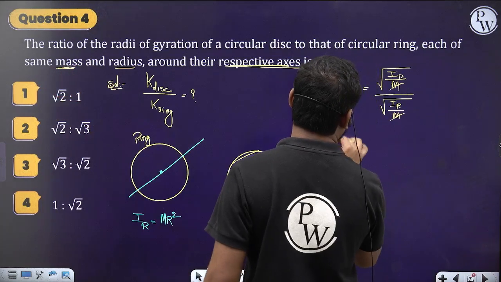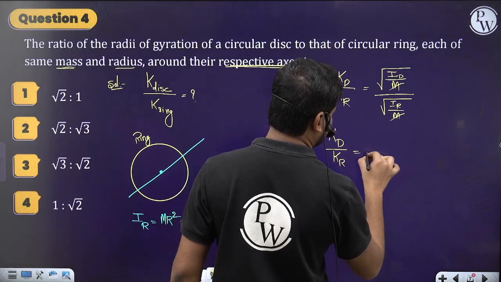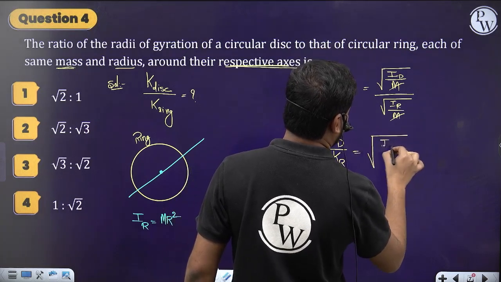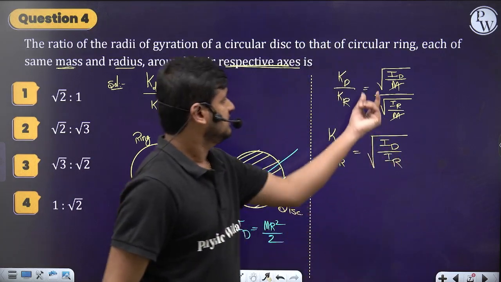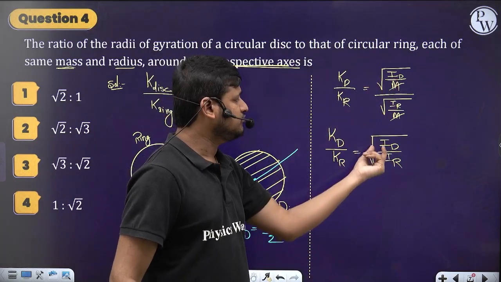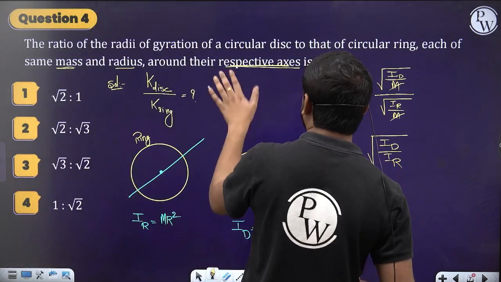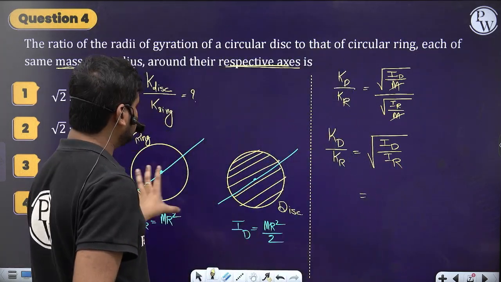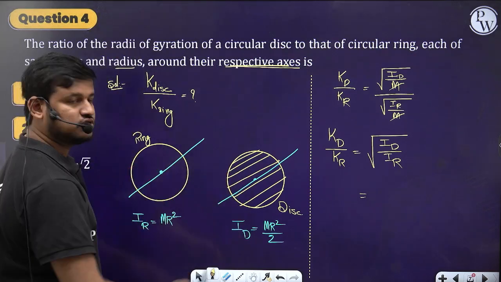Therefore the radii of gyration ratio, disc to that of the ring, will be equal to square root of I_D by I_R, the moment of inertia of the disc by the moment of inertia of the ring. About its respective axis, for both I took the perpendicular axis passing through its center.